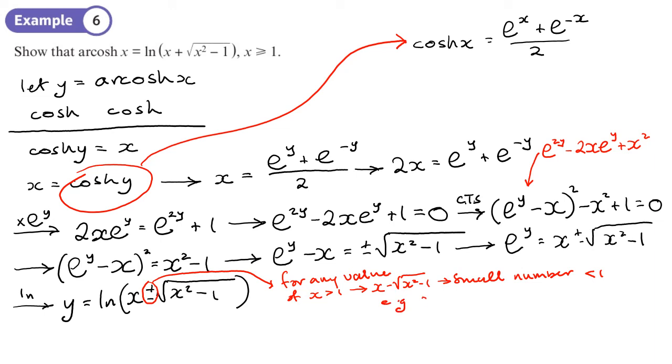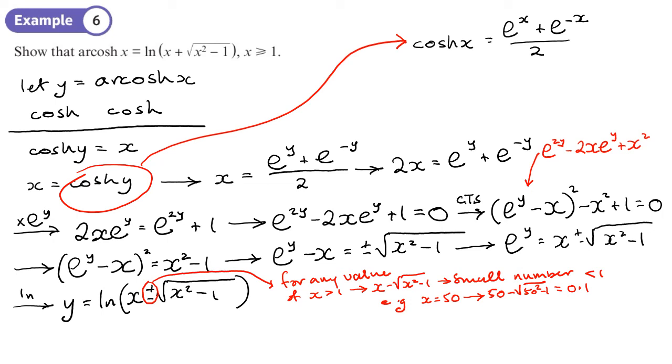What if x were 50? Let's work out 50 minus the square root of 50 squared minus 1. I end up with 0.1 basically. And in fact, as x gets bigger, this result gets smaller.